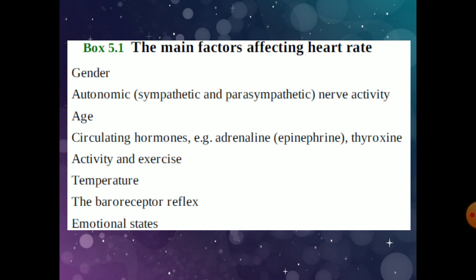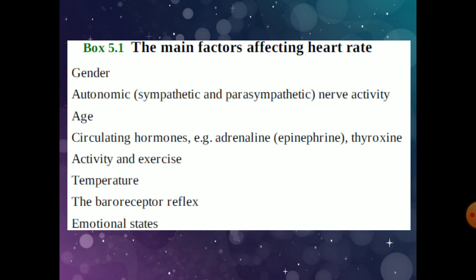And when there is increased temperature more than 37 Celsius, there would be increased heart rate. Main important point, the baroreceptor reflex, you would study this later. This reflex also affects the heart rate. This reflex means when there is decreased heart rate, the reflex is activated and it increases the heart rate.